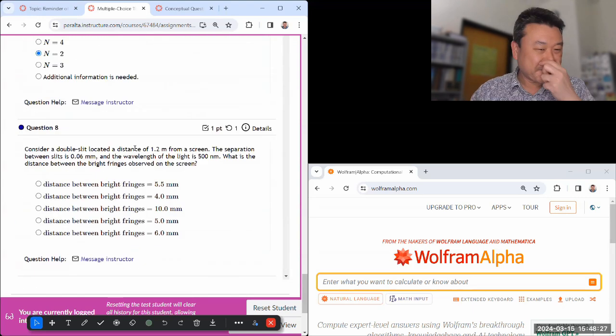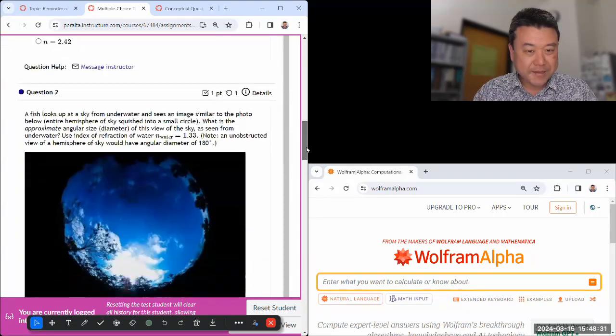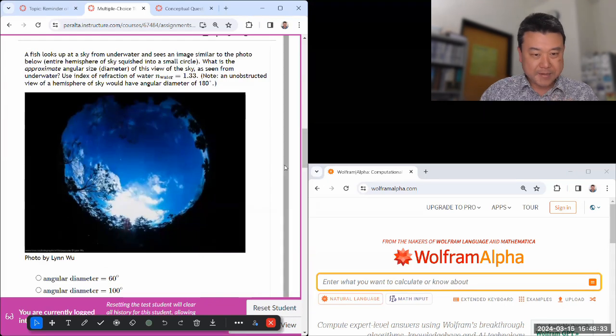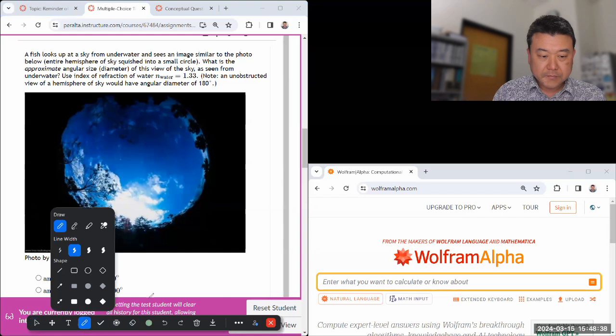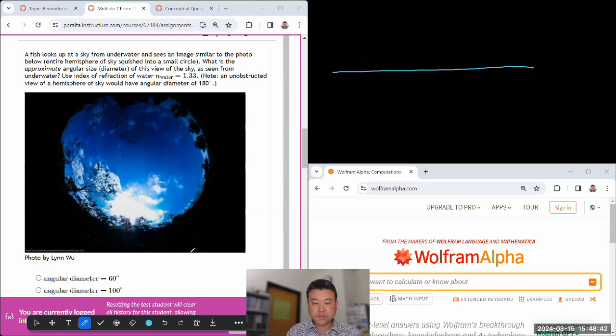Let's see. So okay, I gotta do the calculation questions. I have 7 minutes. Okay, so for this, I have to think of this picture. So the picture I'm thinking of is this is a water surface, and I'm down here.